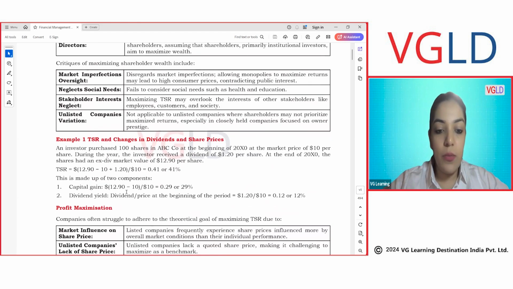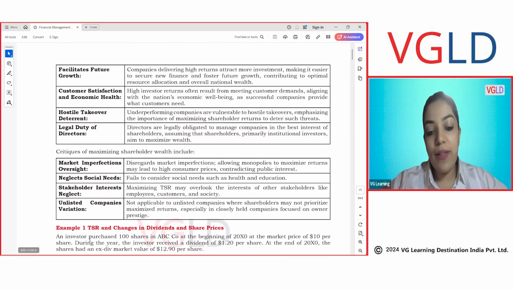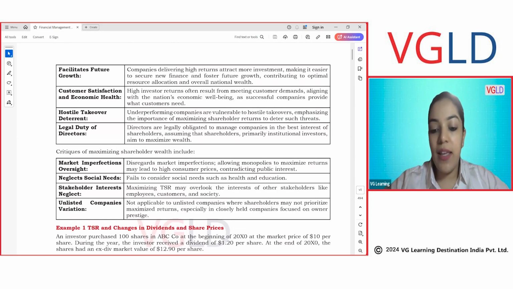Now let's do an example over here. An investor purchased 100 shares in ABC company at the beginning of 2010 at the market price of $10 per share. During the year, the investor received a dividend of $1.2 per share.